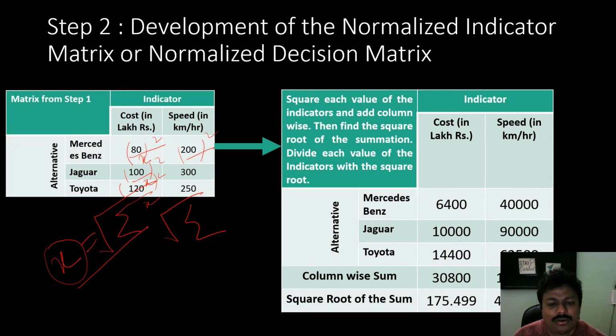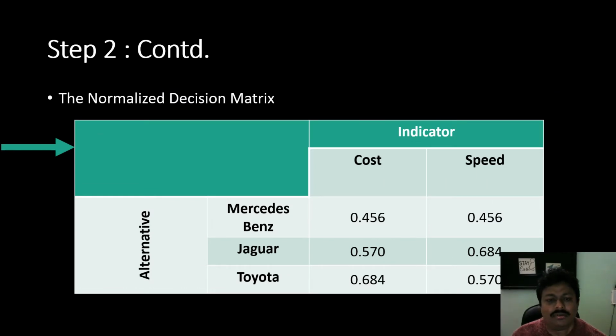Let us take this as y, so these become 80 over y, 100 over y, and 120 over y. After doing this, you will get the normalized decision matrix. As you can easily understand, 80 squared is 6400, and we sum all the squares, take the square root, and then divide, and this matrix has come. This is your normalized decision matrix.